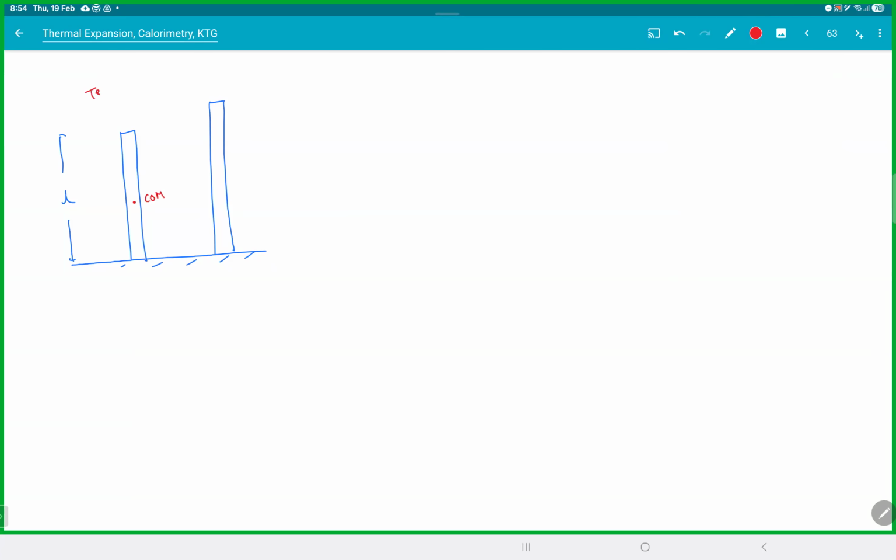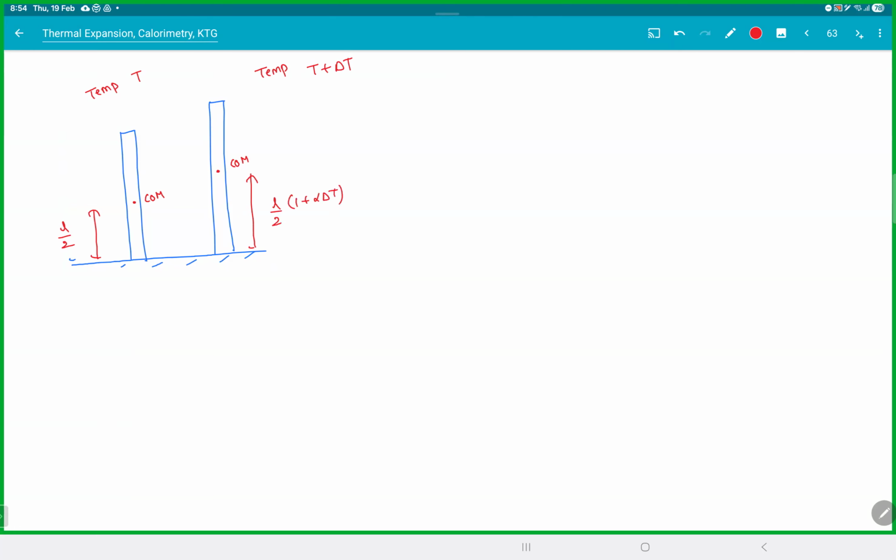This was the temperature T. This was the temperature T plus dT. So here your center of mass is at a height of L by 2. Now your center of mass will go slightly up. That will be L by 2 into (1 plus alpha delta T).